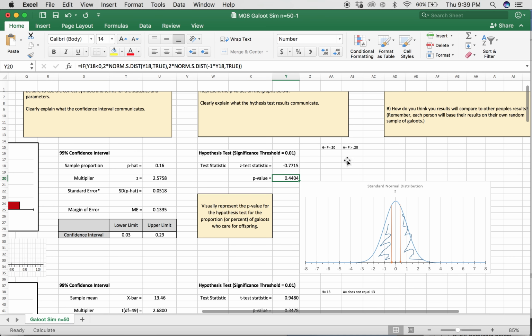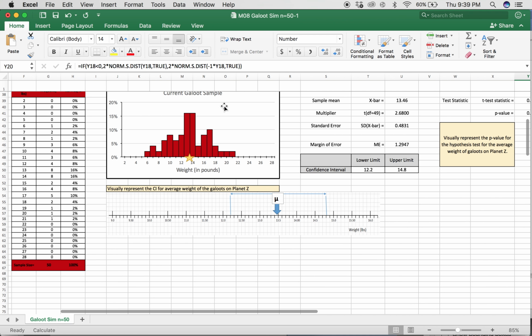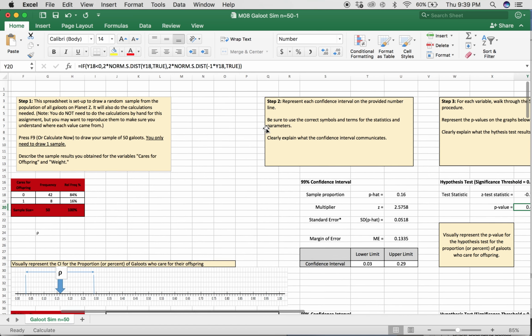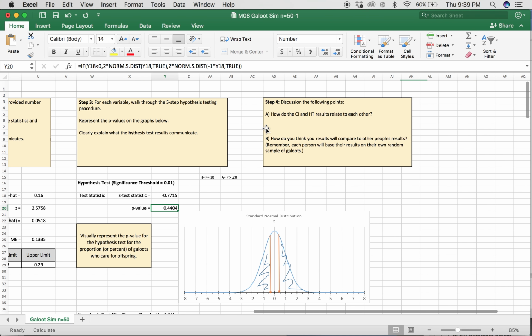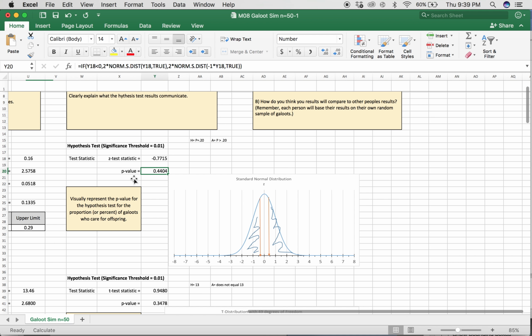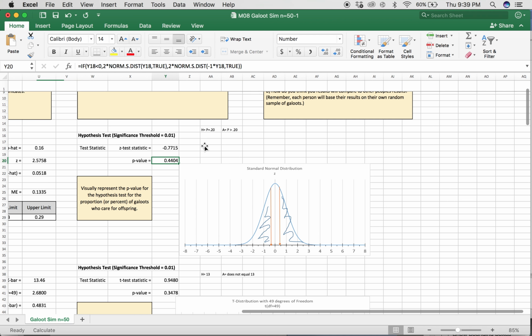Oh, and I forgot to say, I did make sure that it's a relatively normal distribution. Okay, so because of the p-value, I cannot reject the null hypothesis. So it remains true that the proportion of galoots that care for offspring is roughly 20%.